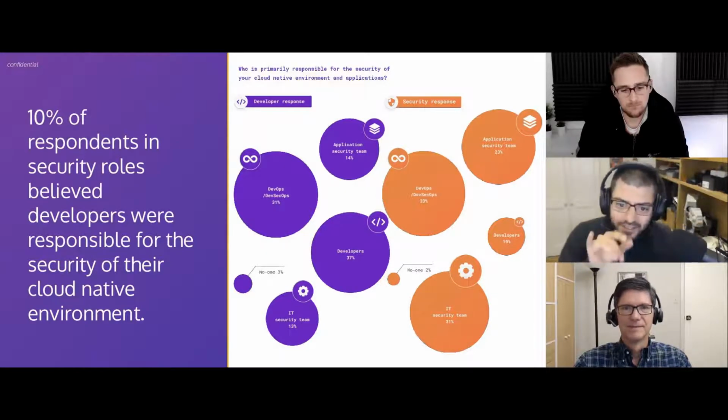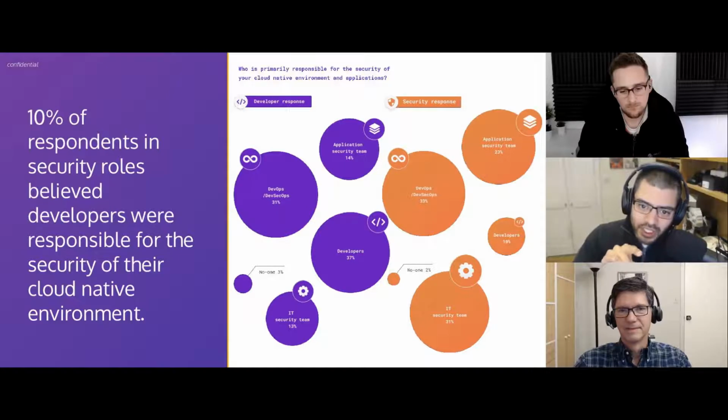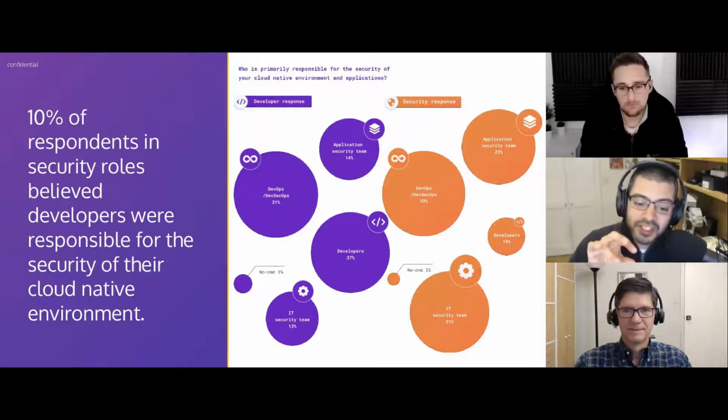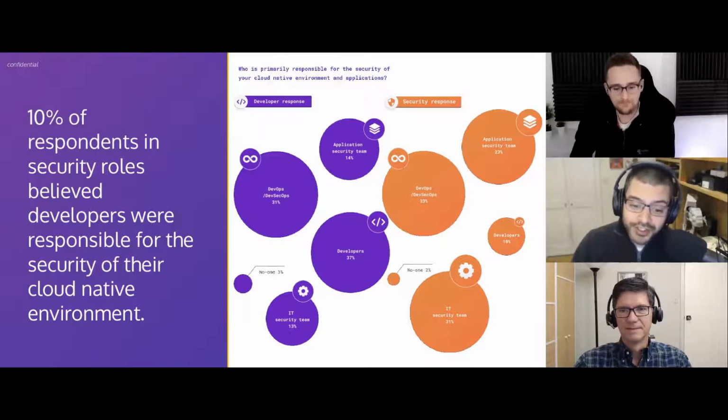And you can see very interestingly here the differences in the responses between developers and security. So 37% of developers say that developers should own security. On the security side, only 10% of security folks think that developers are primarily responsible for that.